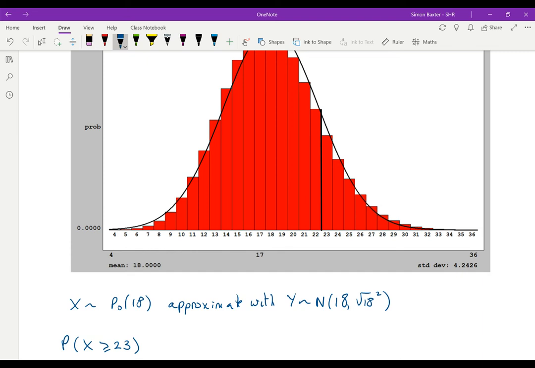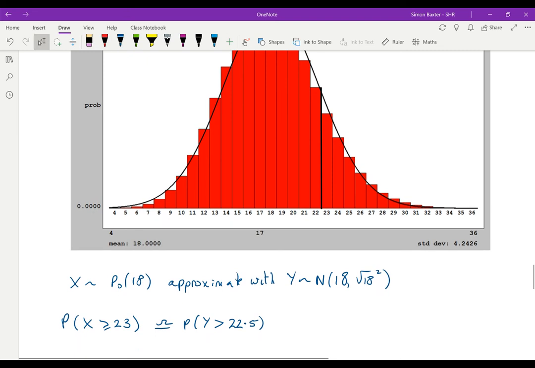So the probability that X is greater than or equal to 23 would be difficult to work out. It's approximately the same as the probability that Y is greater than 22.5. Remember, it makes no difference whether I write greater than 22.5 or greater than or equal to. I can use either.